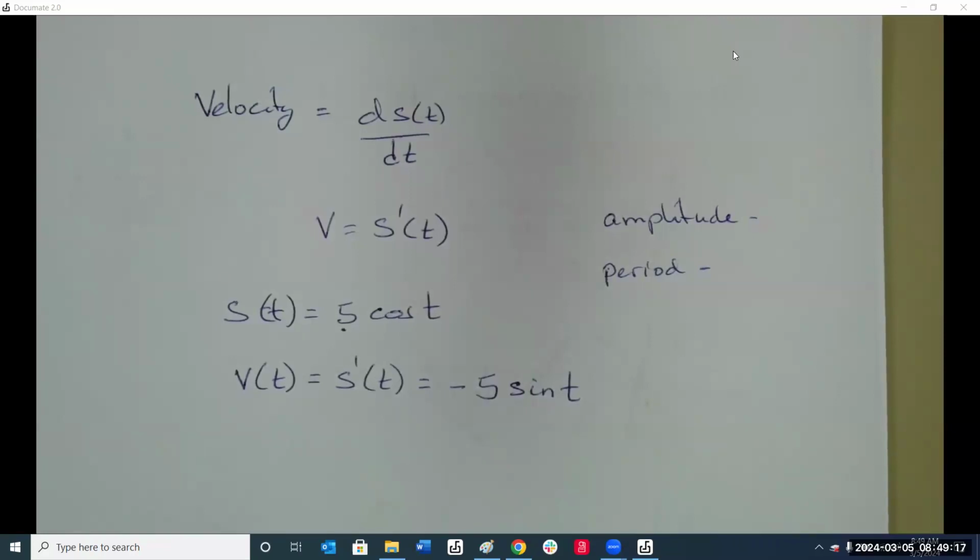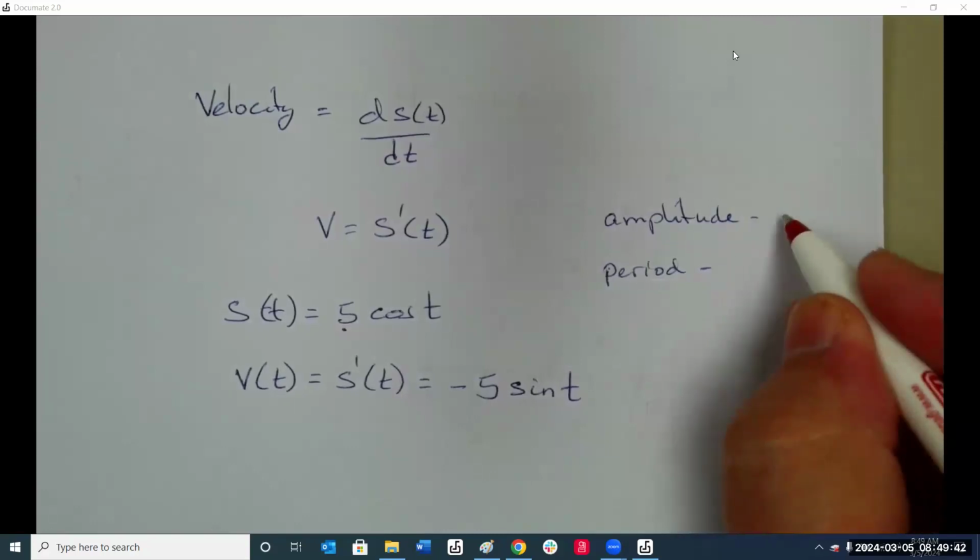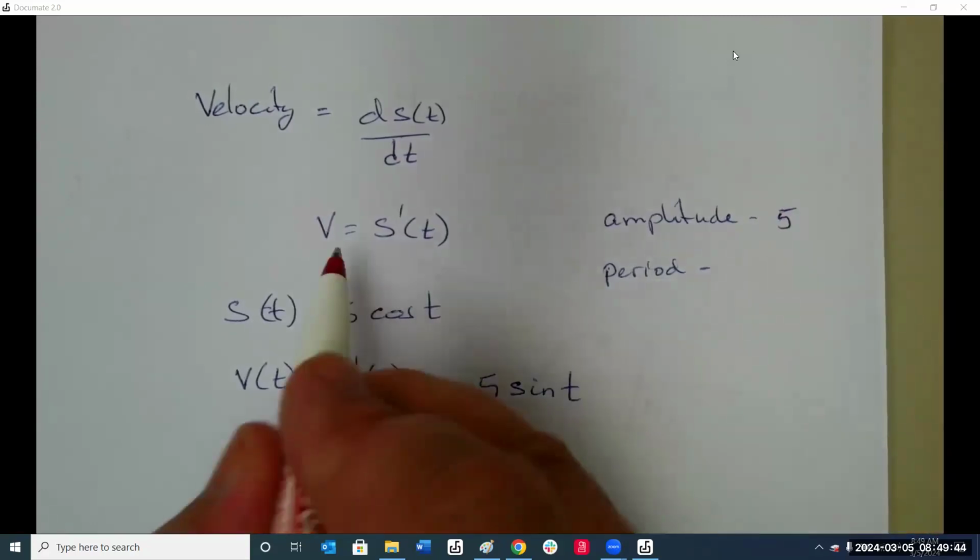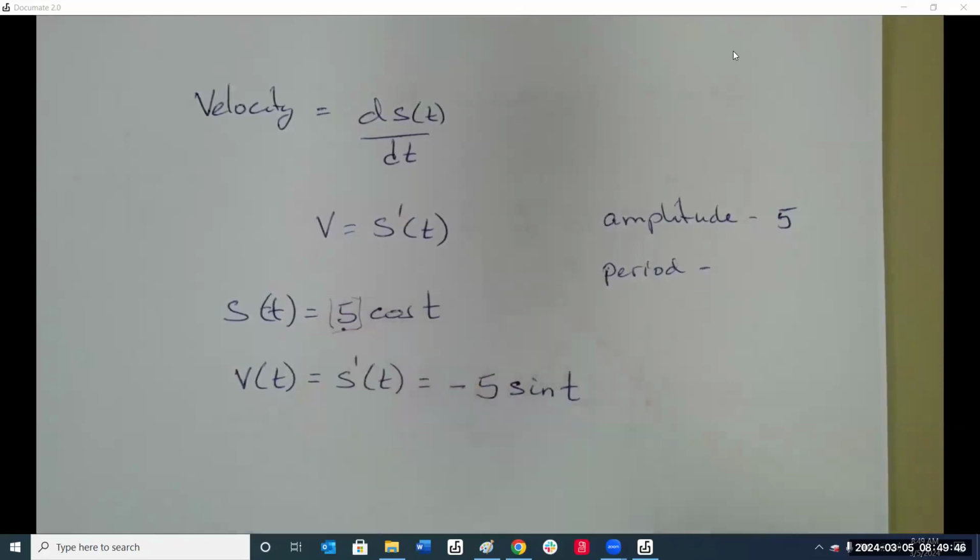Maximum what? Amplitude is the height. What is the highest point reached or lowest point? We're looking at the absolute value. So the amplitude is 5. That is the amplitude.